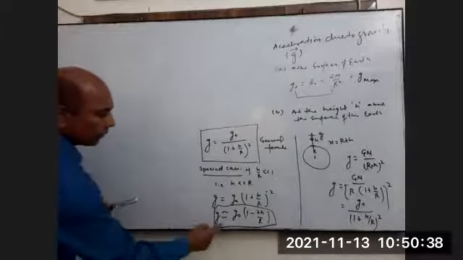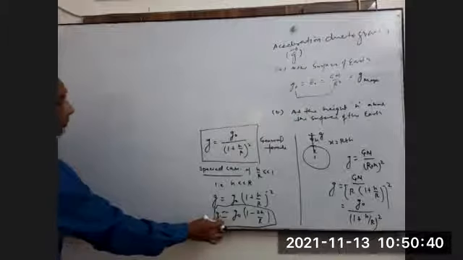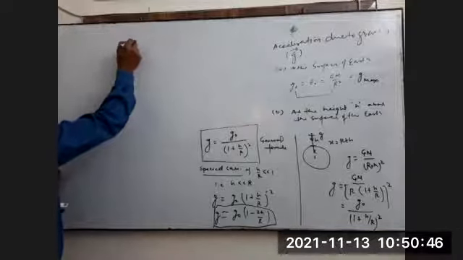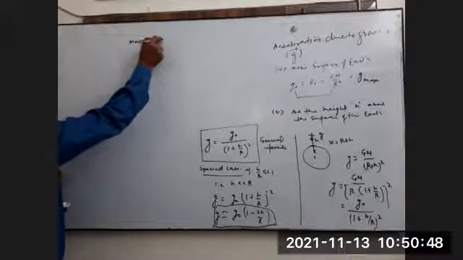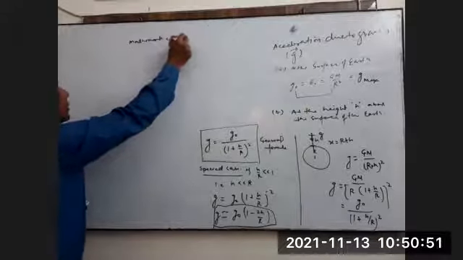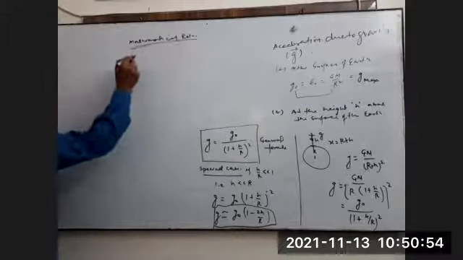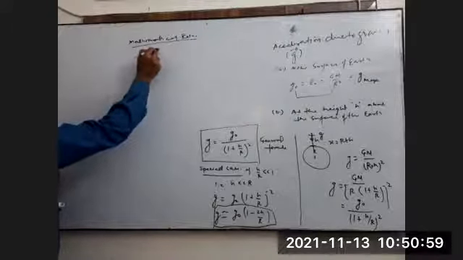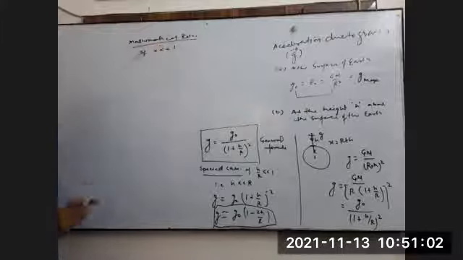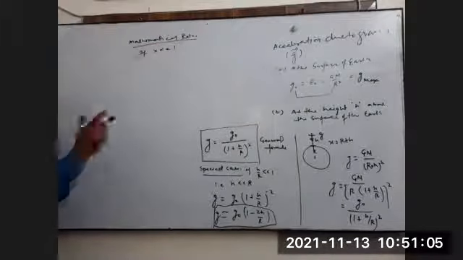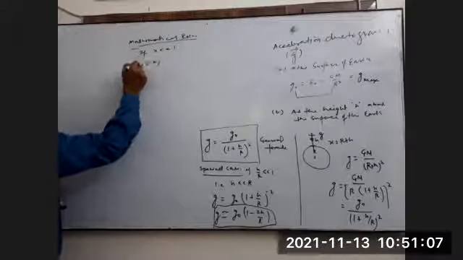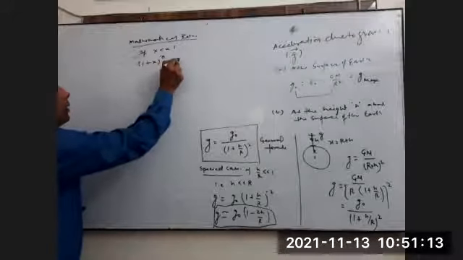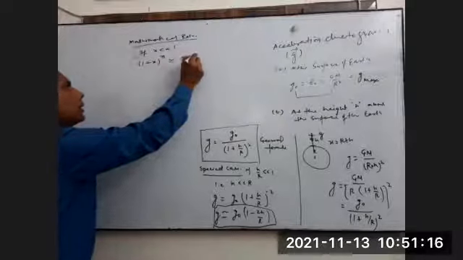In support of this, we have some mathematical relations. If x is very, very much less than 1, then 1 plus x to the power n can be equal to 1 plus nx, where the power is simply multiplied.